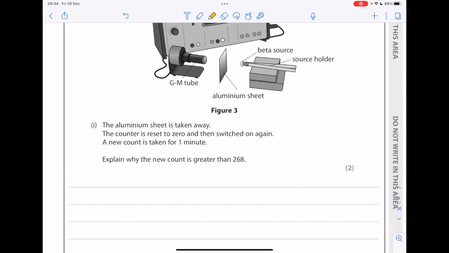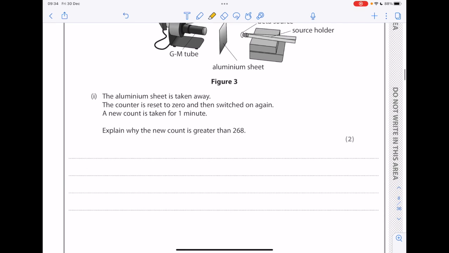Explain why the new count rate is greater than 268. Well, remember, beta can't penetrate aluminium sheet, so when it was there previously, the reading would have been much lower. However, once it's taken away, more beta particles can reach the Geiger-Müller tube. So this is all about understanding the penetrating powers of alpha, beta, and gamma.